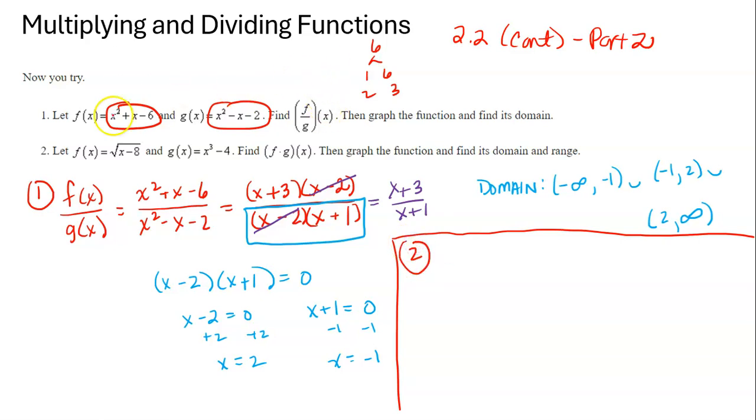Okay. 2 says f of x is equal to square root of x minus 8, and then g of x is equal to that, f times g of x. So we have f of x times g of x, which is equal to the square root of this, because that's that times x cubed minus 4.